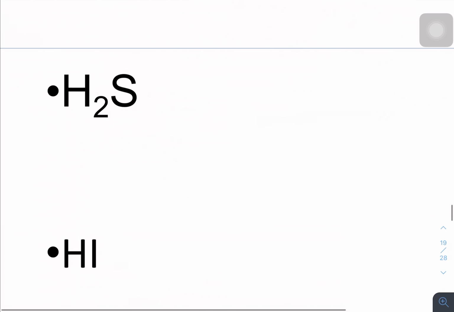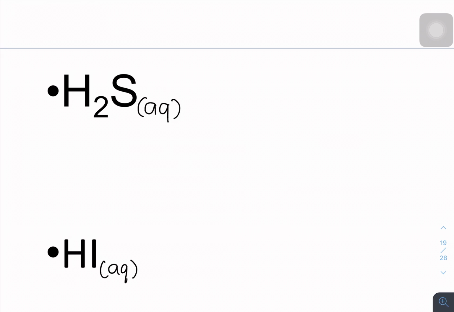More examples. I place AQ here. If you don't have AQ, for example, if the subscript is gas, then the appropriate name is hydrogen sulfide, and HI will be hydrogen iodide.